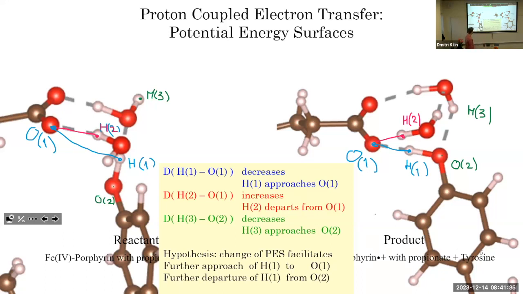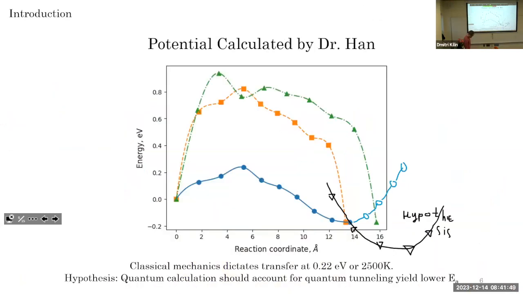I don't have much to explain on this slide, but Dr. Han used these hydrogen-oxygen interactions to conduct a transition state search to form my potential. So these were the potential energy or the transition state barriers for my potential that Dr. Han generated.